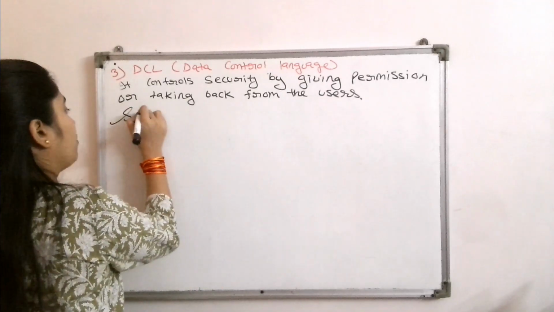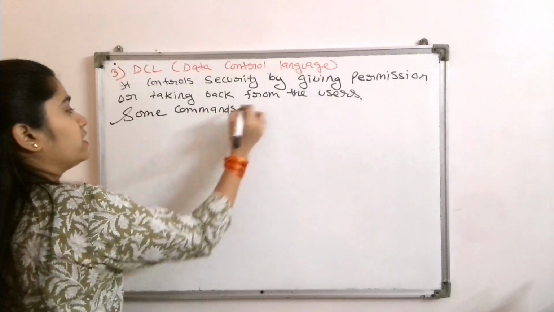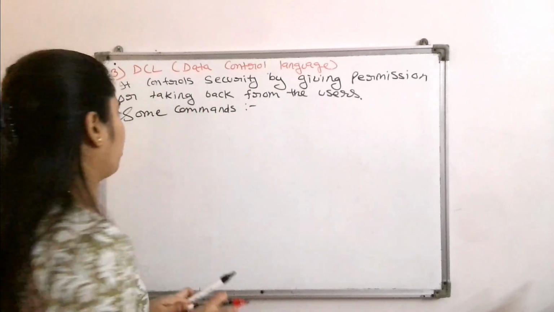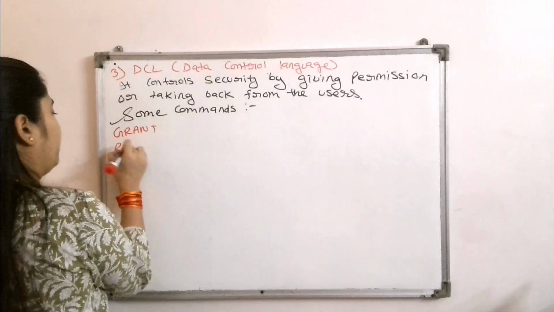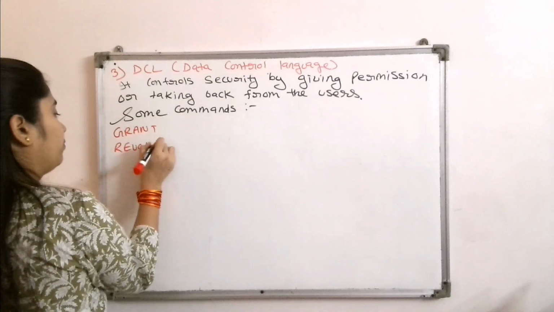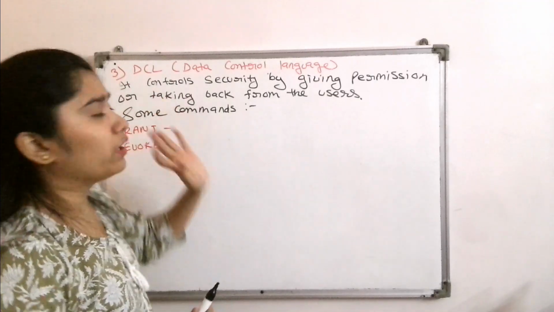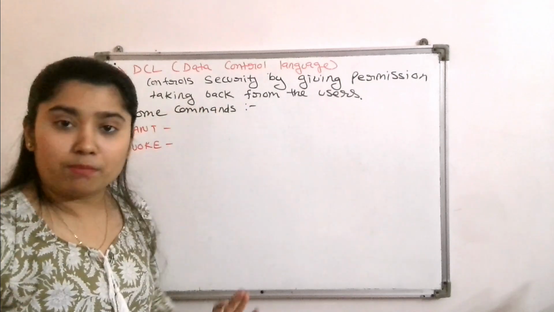Let's see some commands for that. It has two commands, that is GRANT and REVOKE. I have told you that it is for controlling security by giving permission or taking back permission.